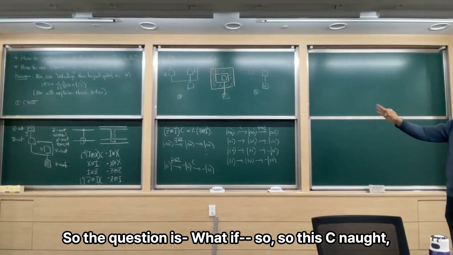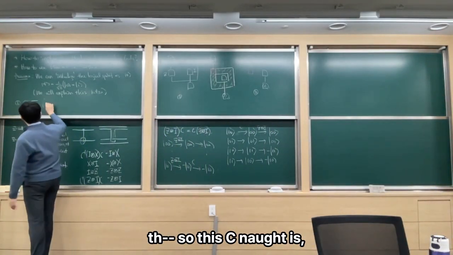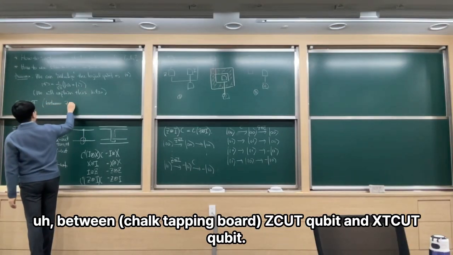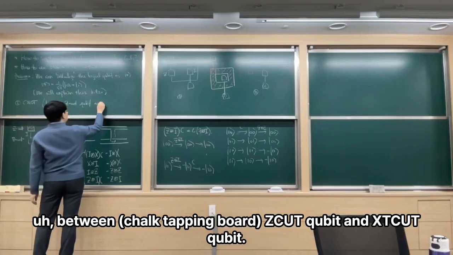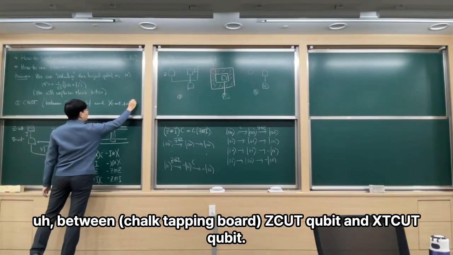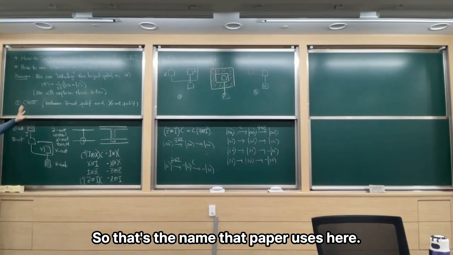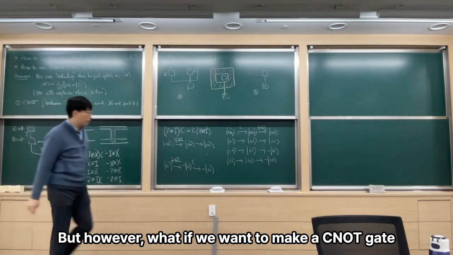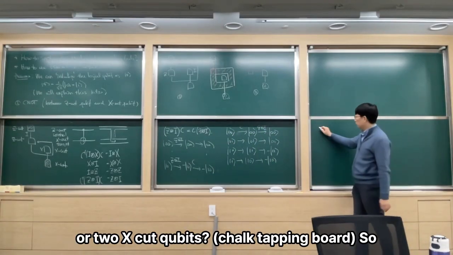This C0 is between a Z cut qubit and an X cut qubit, which is the name the paper uses. However, what if we want to make a CNOT gate between 2 Z cut or 2 X cut qubits?